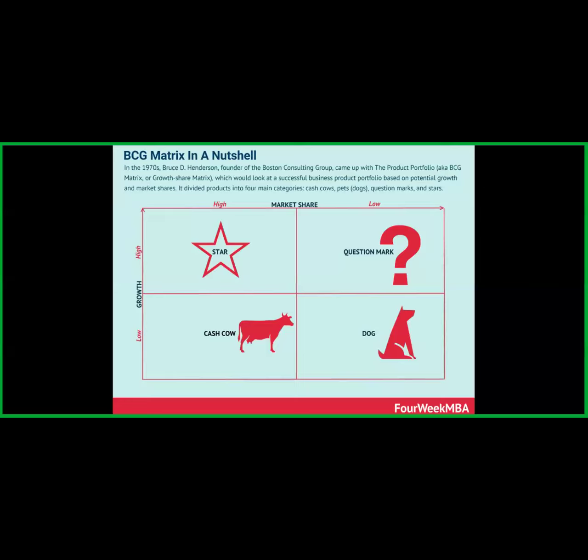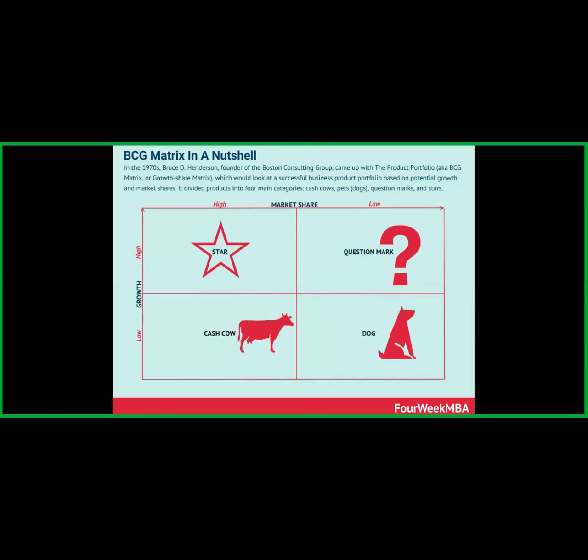Based on these two, what is the market share of a particular company, and what are the growth opportunities available in that particular segment, sector or category, the study of that is called the BCG matrix.